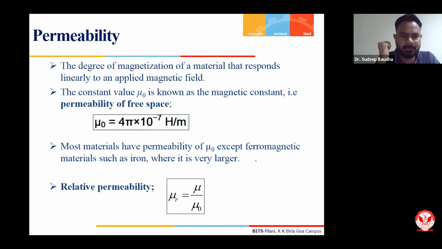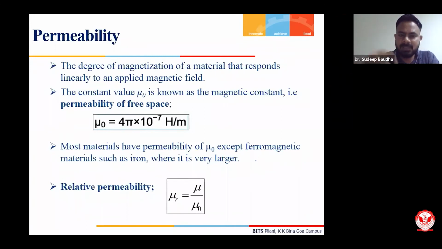The speed of electromagnetic waves traveling in a particular medium depends upon the permittivity and permeability of that material. In free space, these values give you the speed of light, which is 3 into 10 to the power 8 meters per second.